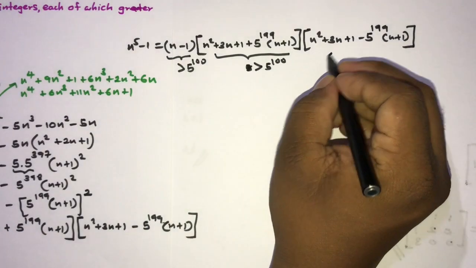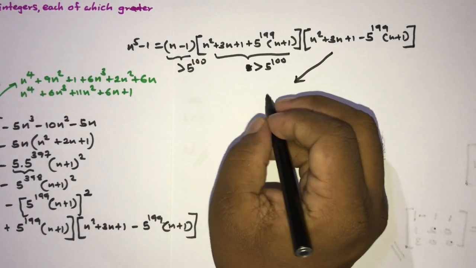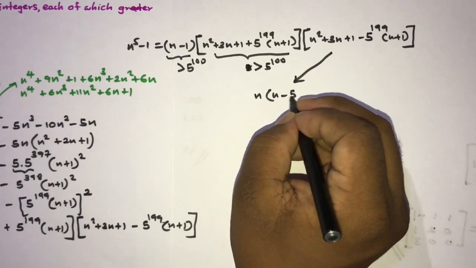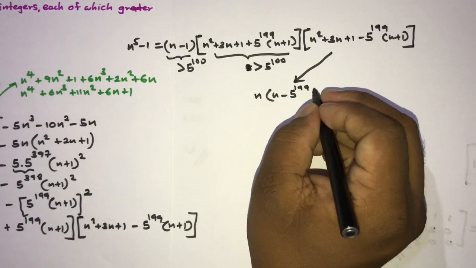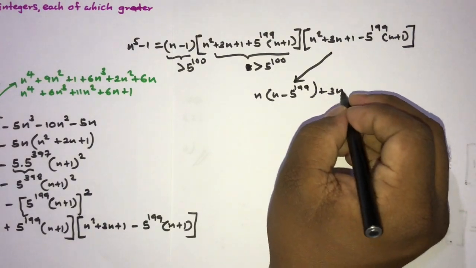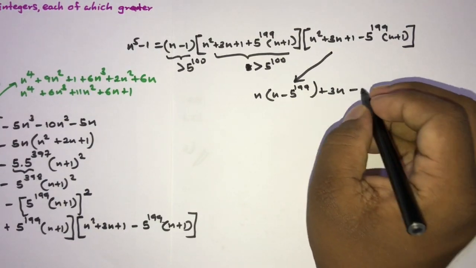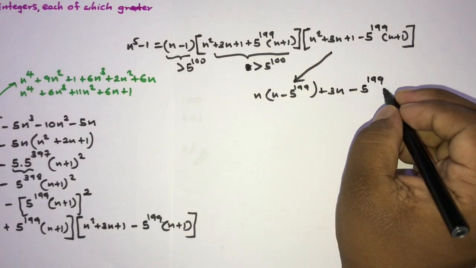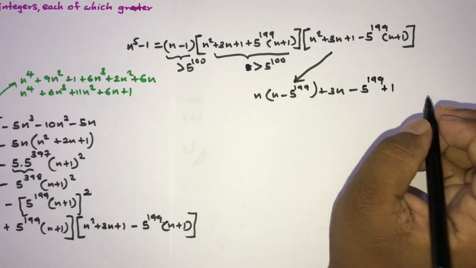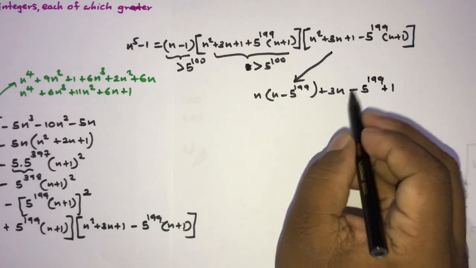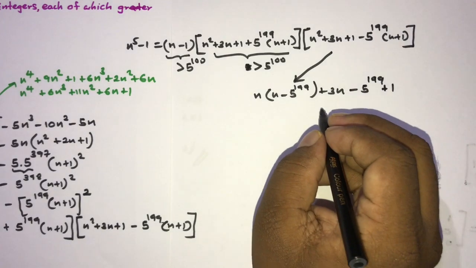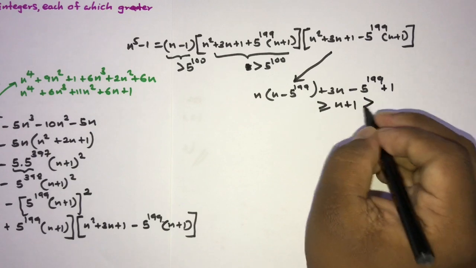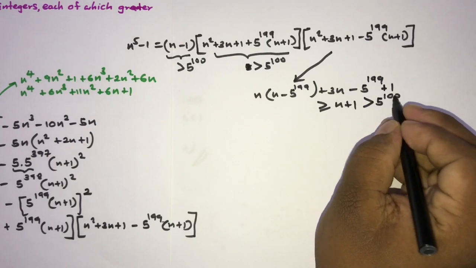Now if we take this last part, we can take n as a factor, so here n minus 5 raised to the 199, plus 3 times n minus 5 raised to the 199, plus 1. Now it is obvious that this is greater than or equal to n plus 1, and greater than 5 raised to the 100th power.